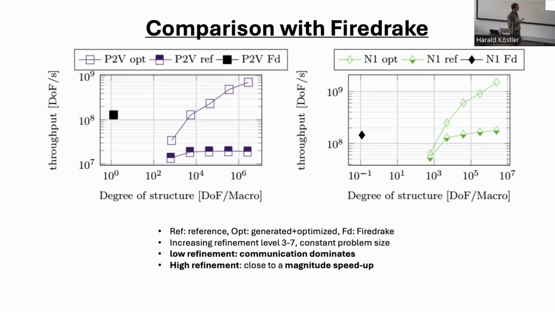To say it before, it's not like HyTeG is now better or worse than our approach. We just had a different kind of setting, because as I have shown in the beginning, we have one tetrahedron and then we have the refinement. For the HyTeG point, we basically have the tetrahedron and it's not refined.